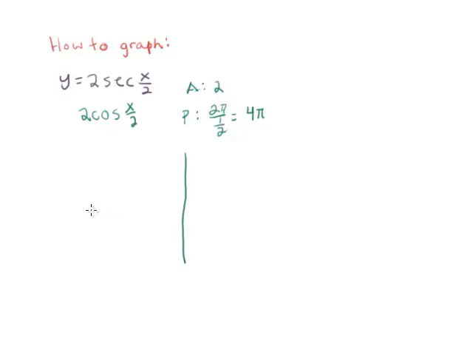We draw our x and y-axis, and when we label it, out here we're going to have 4 pi and negative 4 pi, because that's how far it takes to get our cosine curve. On our y-axis we'll have a 2 and a negative 2, because that's our amplitude. We make a mark halfway, halfway, and so on.